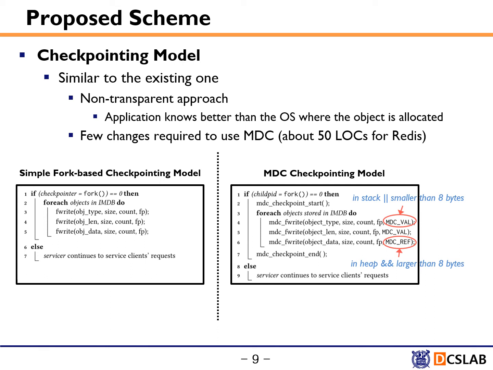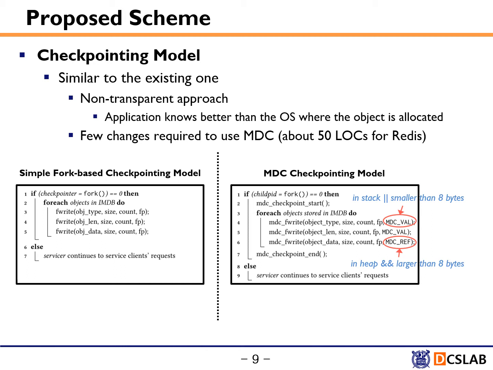MDC's checkpointing model is very similar to the existing fork-based checkpointing schemes' model. You can see how they are alike in the figures below. In the existing one, after fork, the checkpointer traverses objects, and for each object, writes the type and size of the object and the object itself.